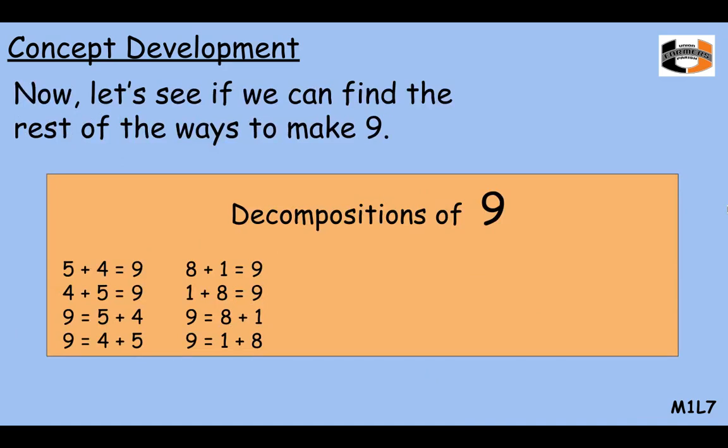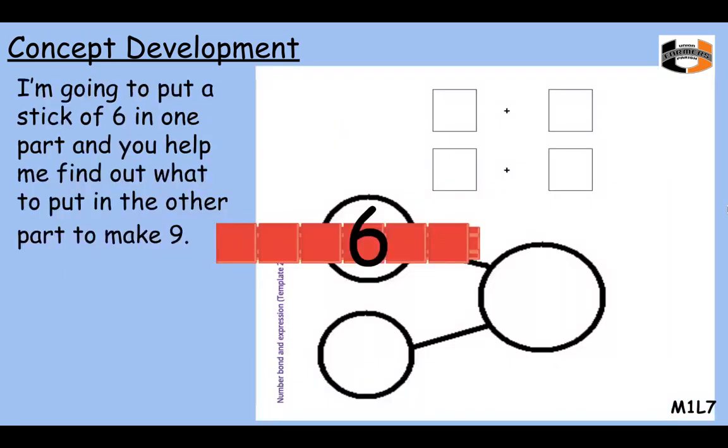Now let's see if we can find the rest of the ways to make 9. We've added those decompositions of 9 to our poster, and we've got to find some other ways to make 9. I'm going to put a stick of 6 in one part, and you help me find out what to put in the other part to make 9.